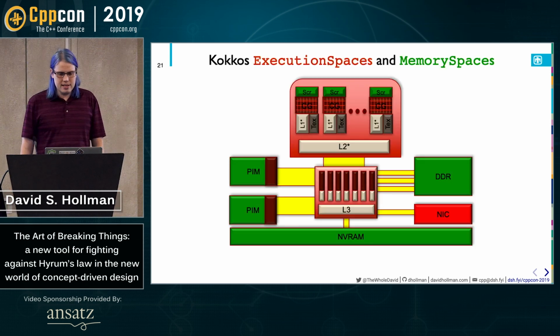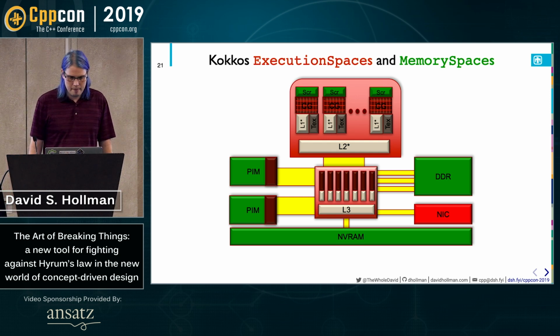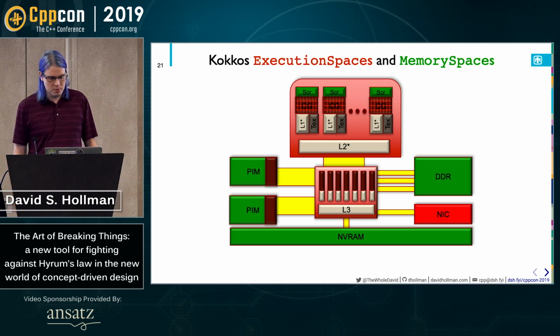So Kokkos has these 2 concepts that are the basis of all of the performance portability that we are trying to provide to our users. Our users need to run on a massive amount of different kinds of hardware with different processors, different memory spaces. And so we abstract these things using a generic concept for execution space and a generic concept for memory space.